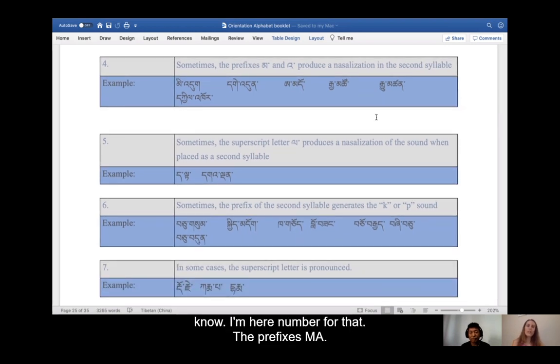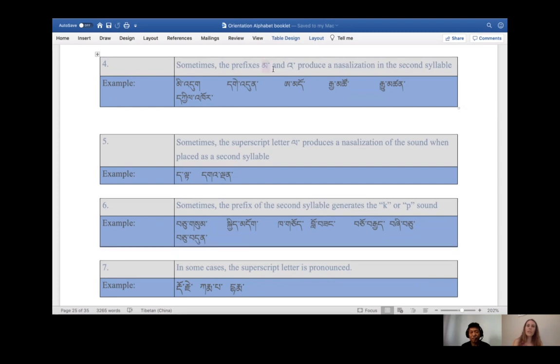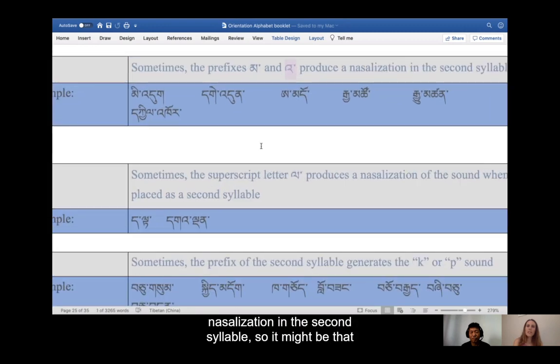But so often it's important to know here, number 4, that the prefixes ma and the prefix a, the achung, this small letter, might produce a nasalization in the second syllable. So it might be that the nasal sound is attached to the first syllable, and therefore you create a link between the two syllables with this nasalization. All right?